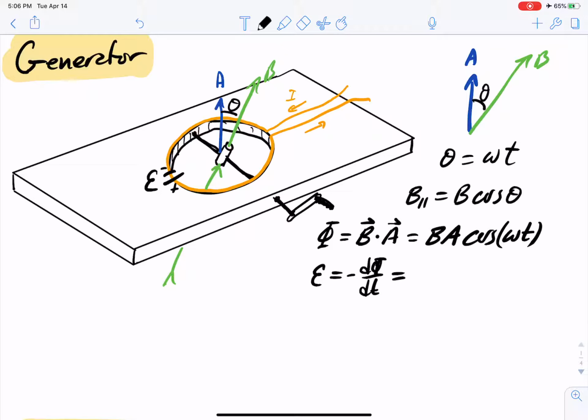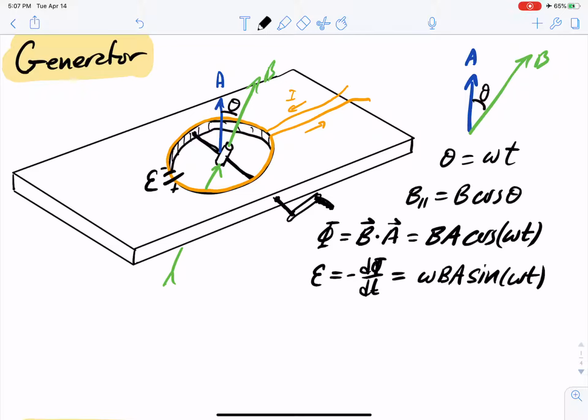So there's a couple minus signs here which change. There's one minus sign from the derivative of the cosine and another minus sign over here. Okay, so we find that the induced EMF is this sine wave that oscillates in time.